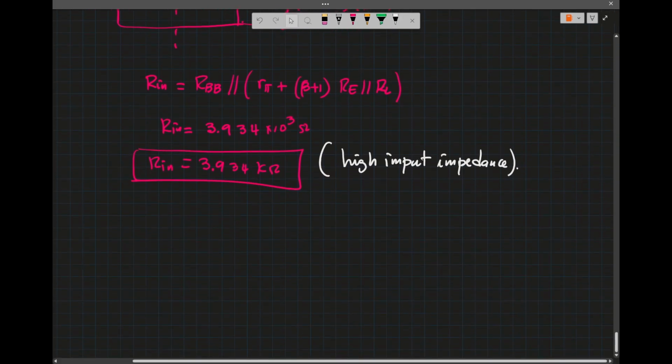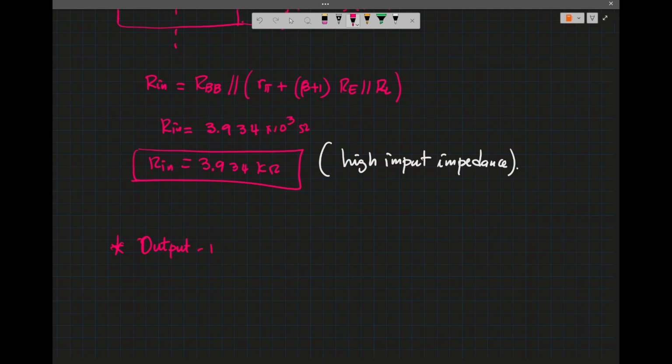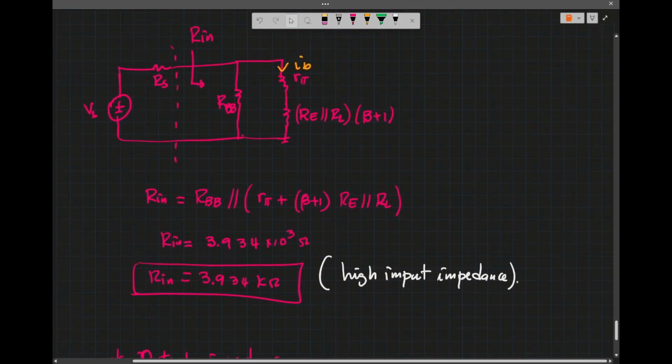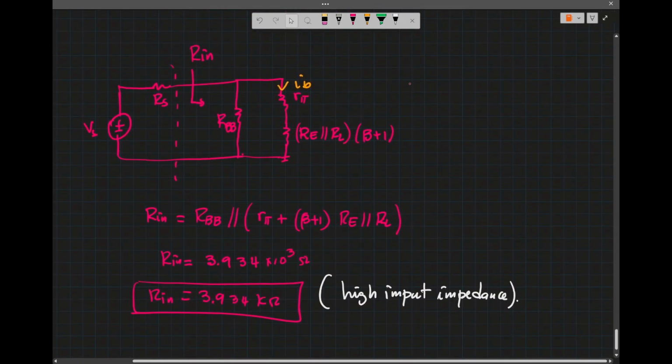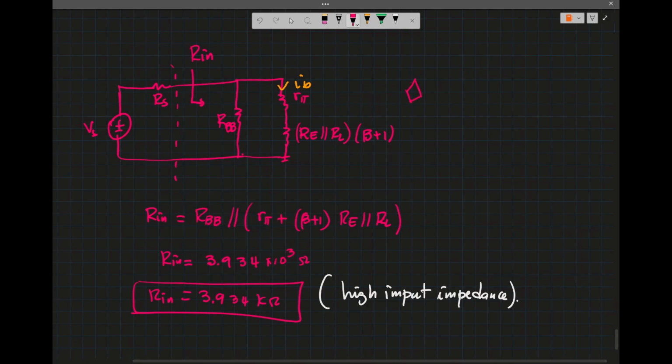Okay, now let's calculate the output impedance. To calculate the output impedance, I should have the other side of the network drawn as well, to make it complete, which is RE parallel load times beta plus 1, and 1 over 1 plus beta, or beta plus 1 over beta.